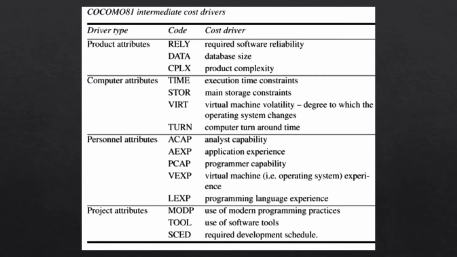These multipliers take into account such influences on productivity as Boehm's suggestion that having a programming team fully familiar with the programming language to be used could reduce the effort required to implement the project by up to 20% compared to a team with a very low or initially non-existent familiarity with the programming language.